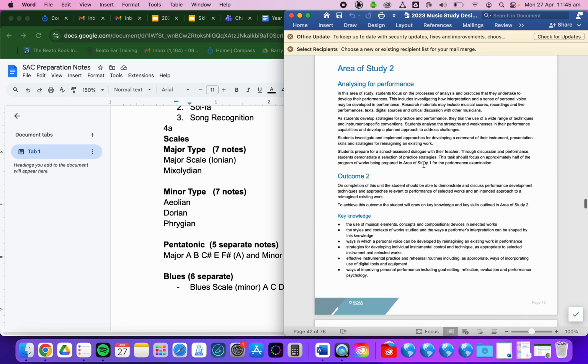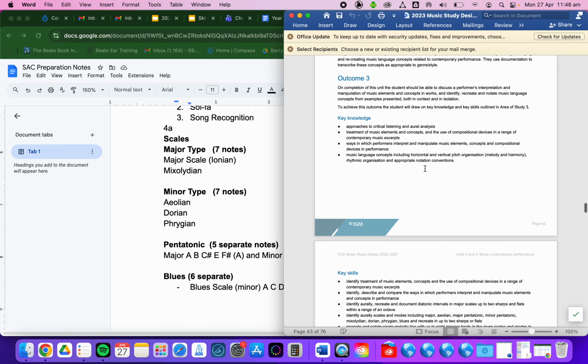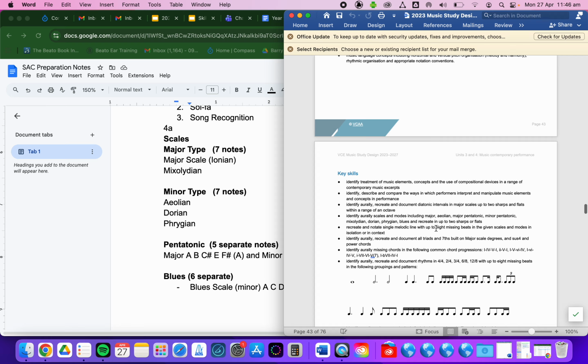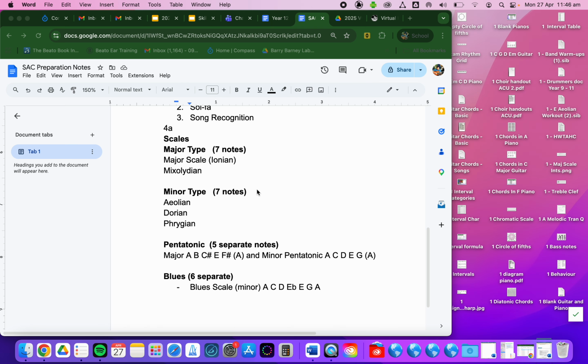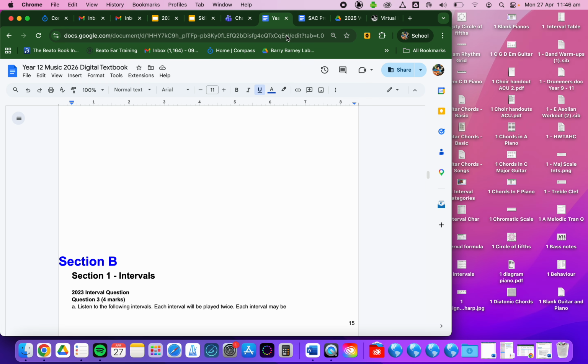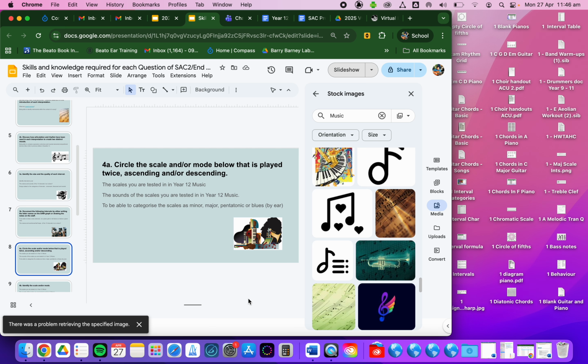And what does it say here? For responding, it says major, Aeolian, major pentatonic, minor pentatonic, Mixolydian, Dorian, Phrygian, blues. Yes, that's it. We've got them all. So there's 2 major types, 3 minor types, 2 pentatonics, and a blues. So you must be able to do that, I think, to be confident with that.